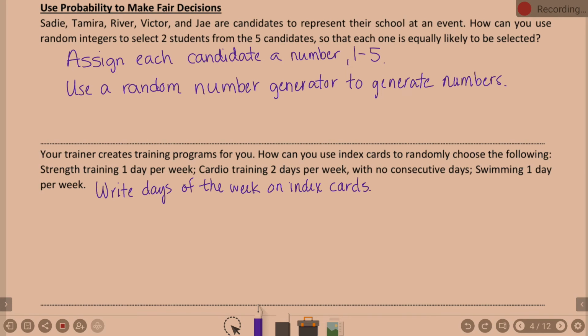So I was going to put days of the week on index cards, randomly select cards for trainings.